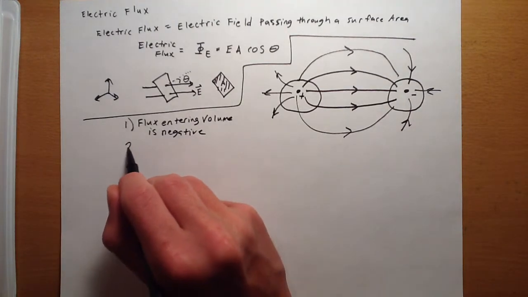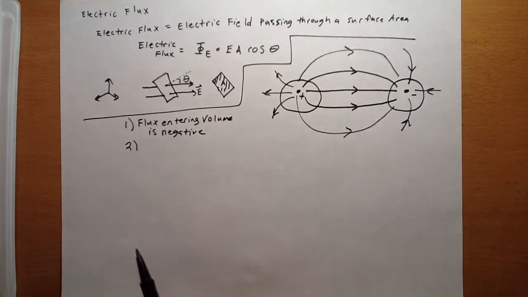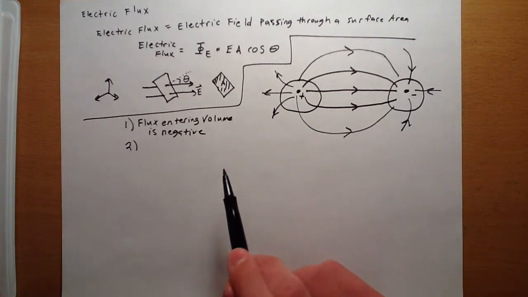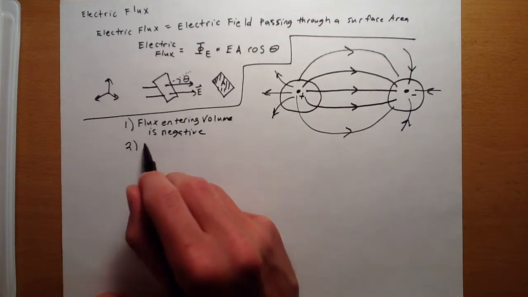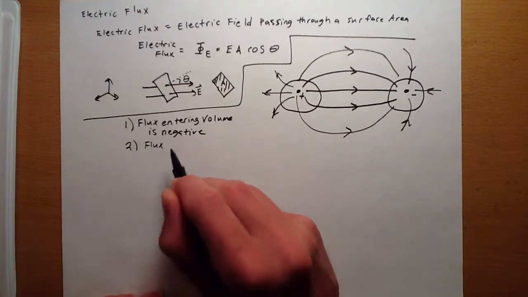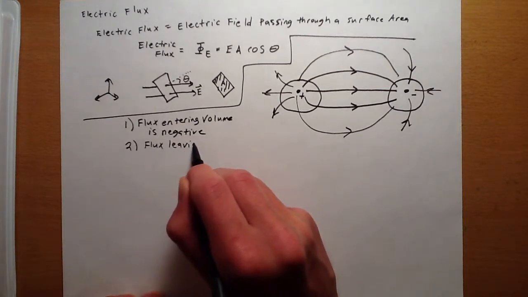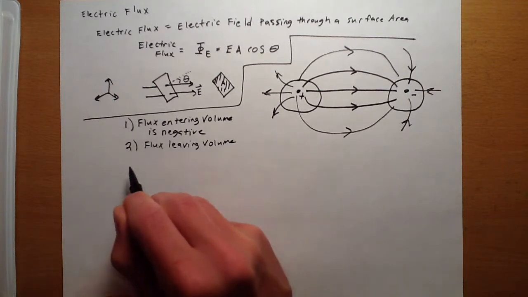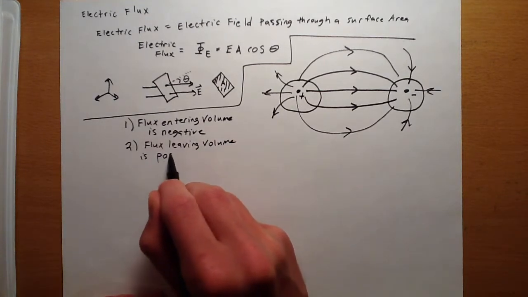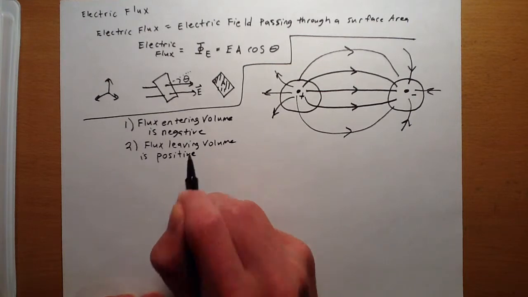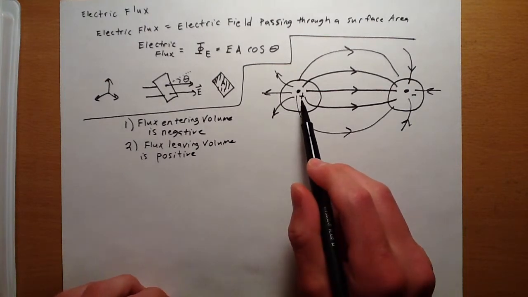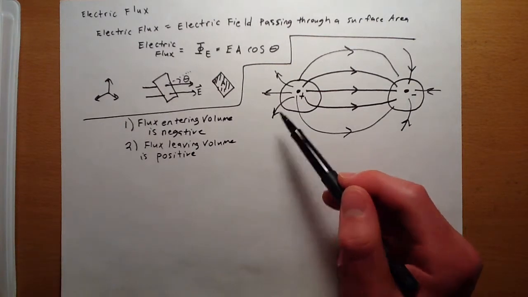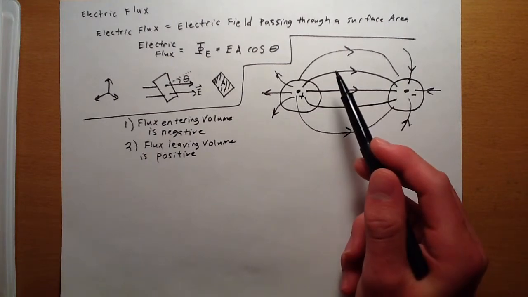It's the opposite for flux leaving the volume. Flux leaving the volume is positive. So in the situation of the positive charge, flux is positive because flux is leaving the sphere.